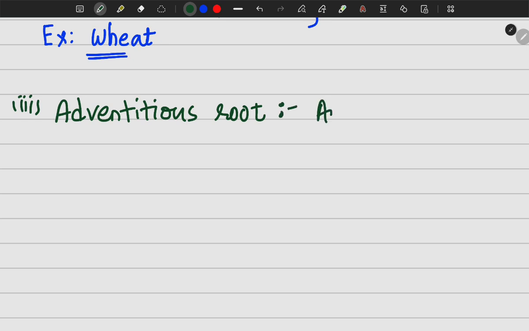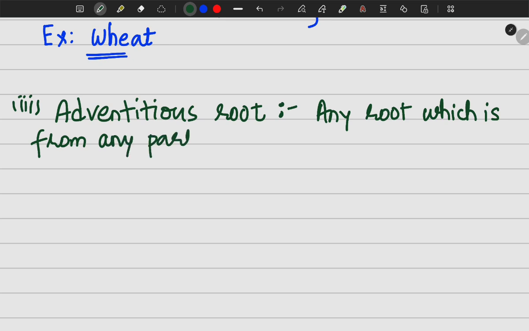Adventitious root is any root which is formed from any part of the plant other than the radicle. Any part other than the radicle. So as we just talked earlier, that the root forms from the radicle of the embryo.